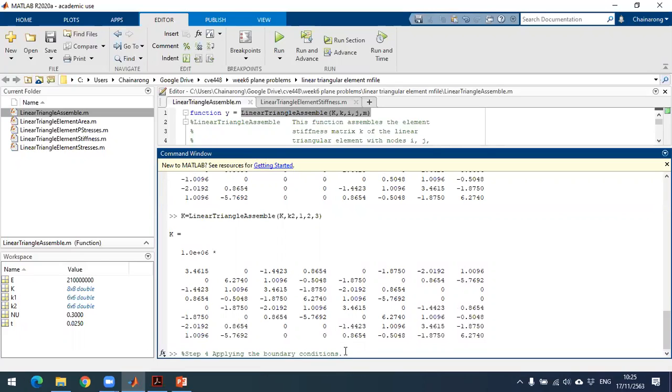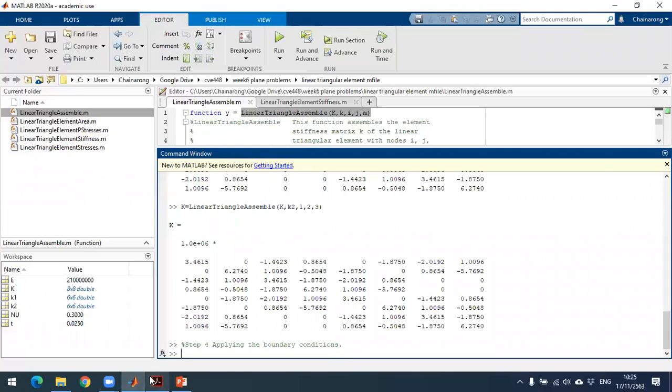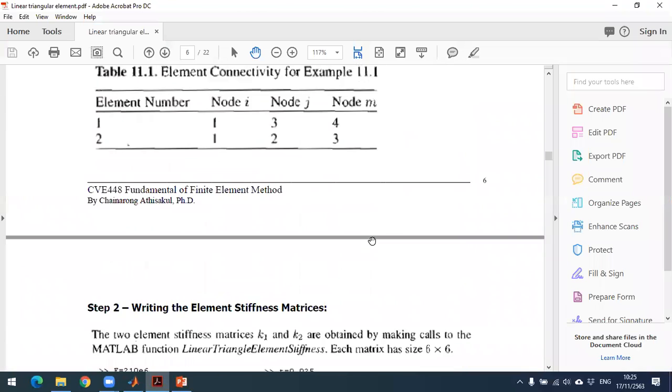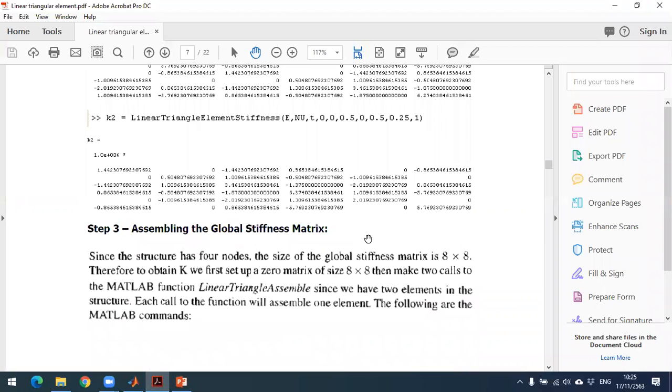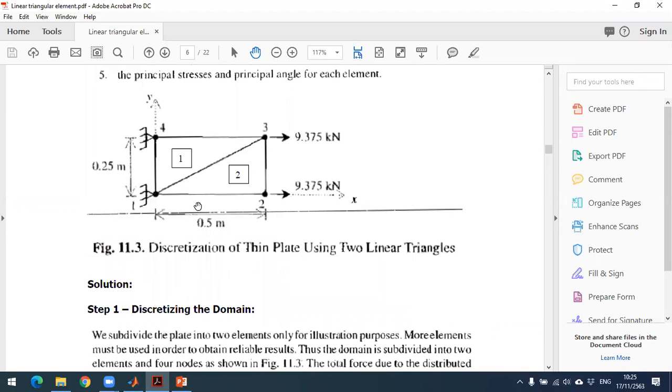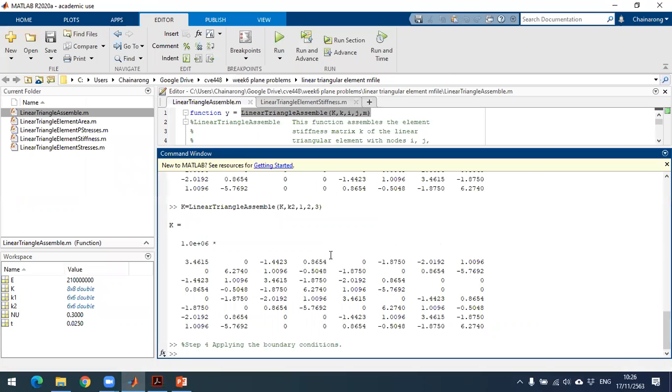The boundary condition for this is what? The displacement at node number 1 and node number 4 are equal to 0. So we have to eliminate the equation and solve it.